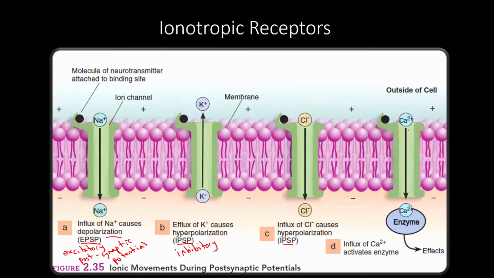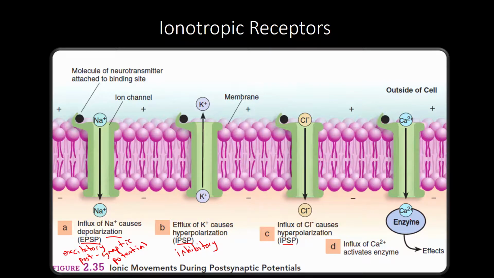Now calcium, there are also calcium channels. Calcium does a little bit different thing. Ca+2, when calcium comes in, it's going to immediately bind to other proteins. When it does that, it loses its charge. Okay, so calcium coming into the cell is not going to act much like these other ions do. The membrane potential isn't going to change.